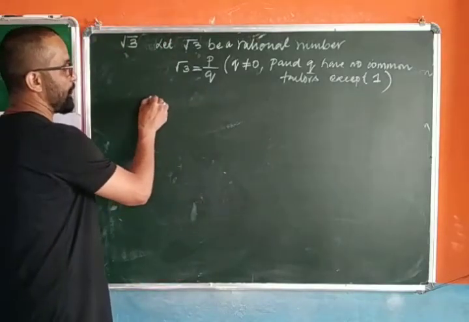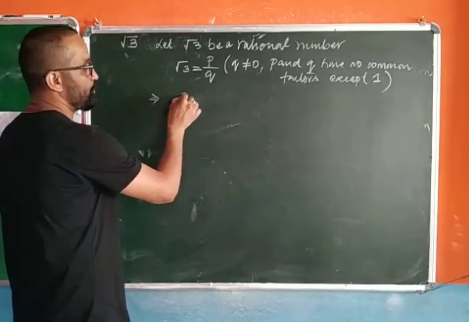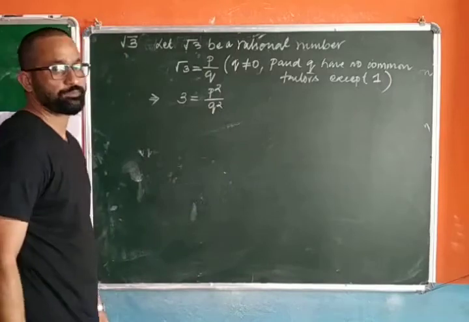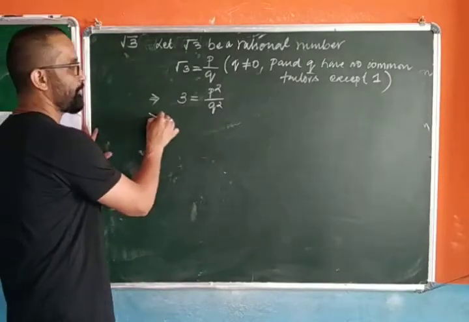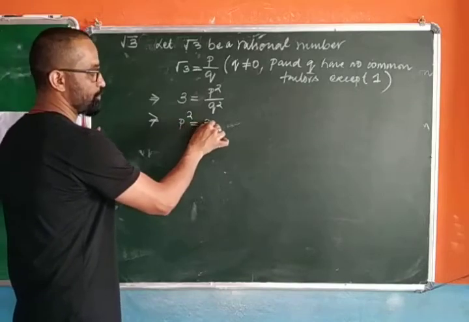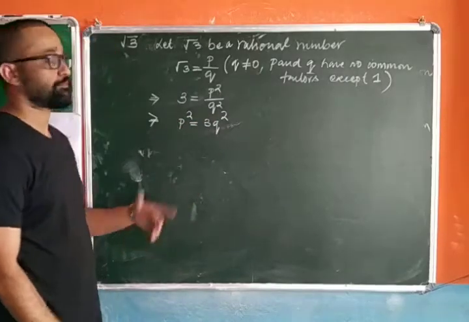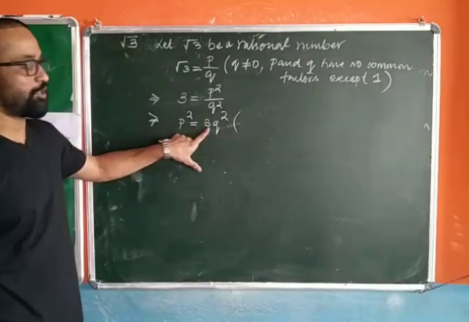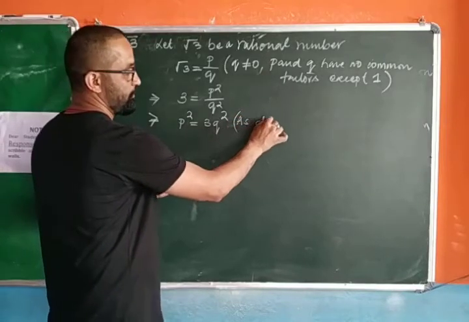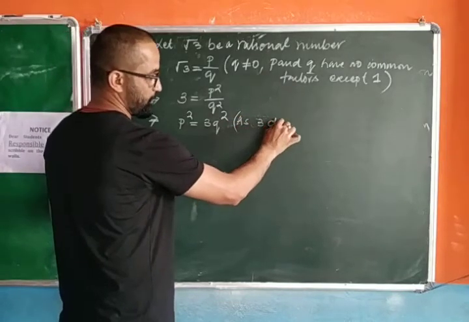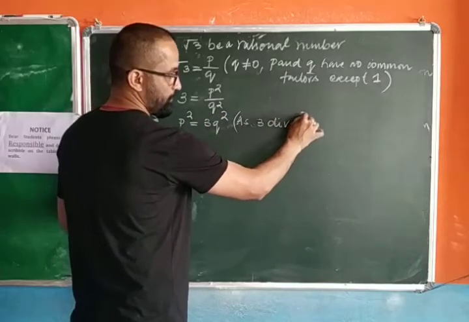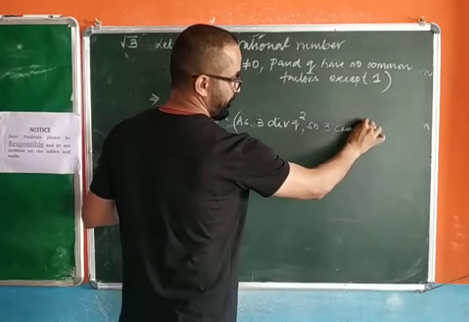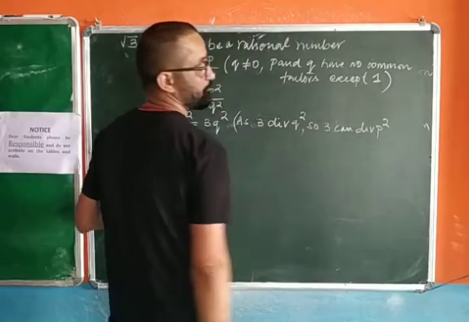We square both sides. Squaring both sides gives 3 is equal to p square divided by q square. Cross multiply: p square is equal to 3q square. We have 3 in front, so as 3 divides 3q square, 3 can divide p square.